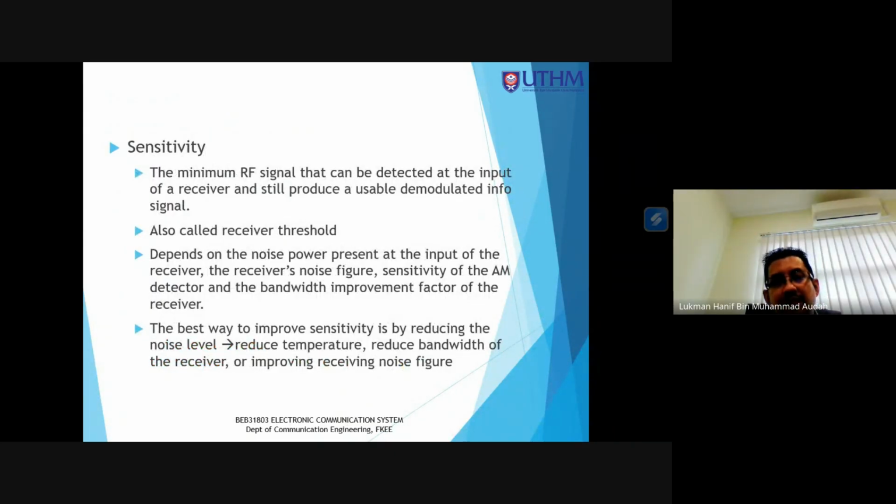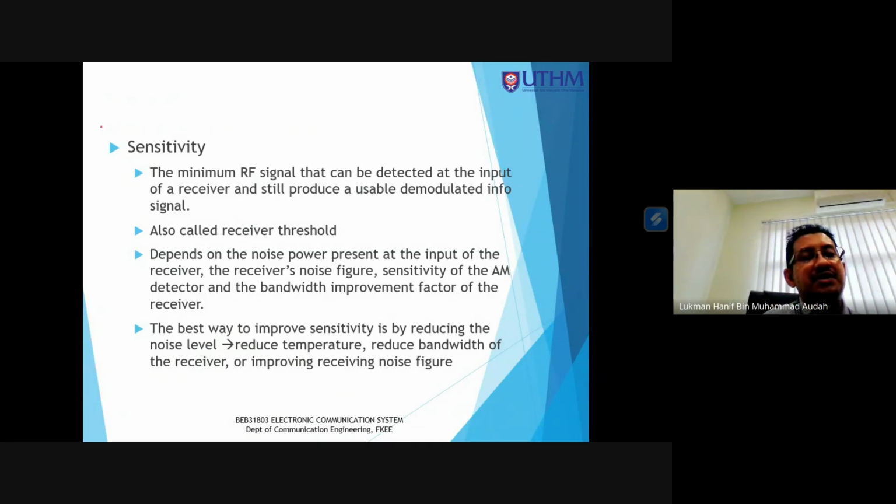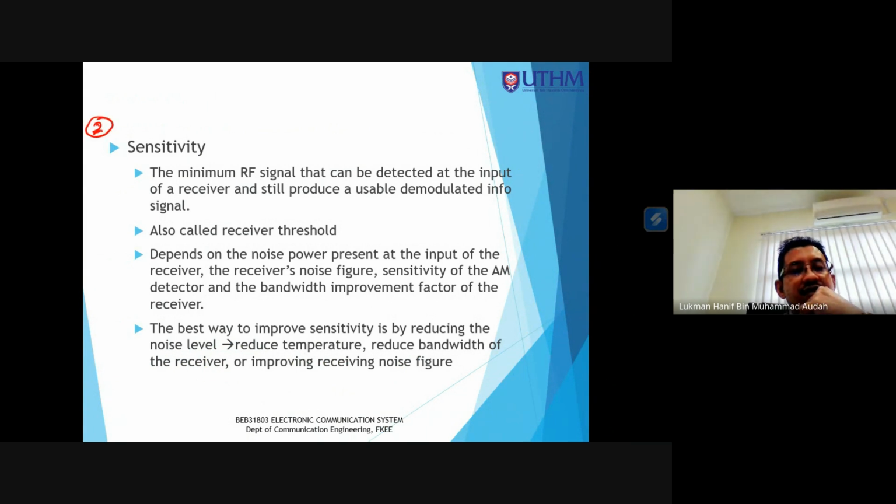Next is sensitivity, the second parameter. Sensitivity determines the minimum RF signal amplitude that can be detected at the input of the receiver and still produce usable demodulated information.